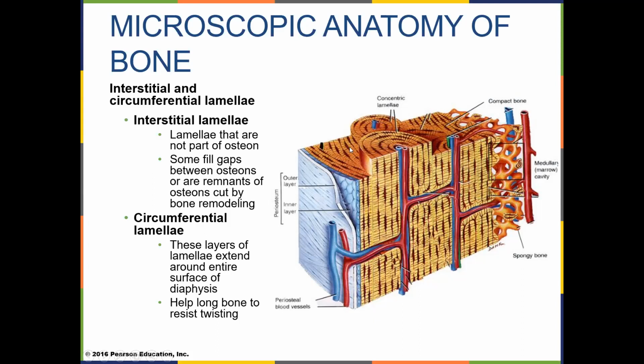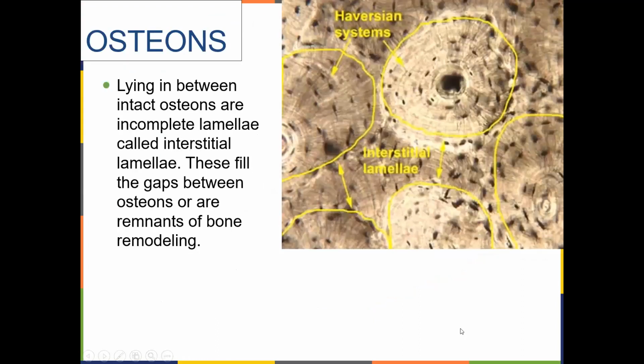And one of the things the circumferential lamellae does is it's another way to protect our bone from being twisted, because it's still filled with matrix with collagen fibers embedded in there too, and it still has living cells in there just like the osteons do. So while the osteons are load-bearing and provide strength and protection against twisting and torsion, so are these out here in the circumferential lamellae. And here's an example of what these interstitial lamellae look like.